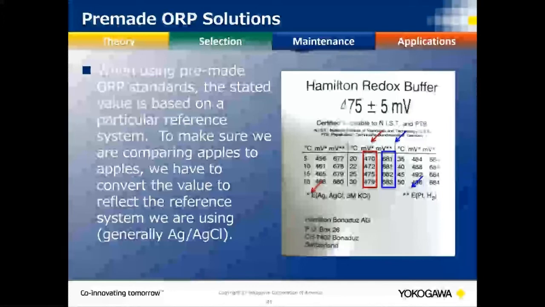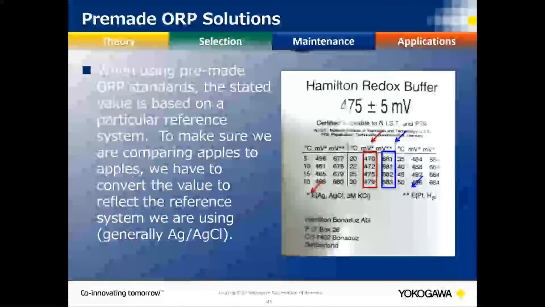But if I use the original standard hydrogen electrode, it's going to actually be 680 instead of 475. And this is the biggest common discrepancy that we run into when people say, well, the label says it should be 300, but I stick it online and it's 270.